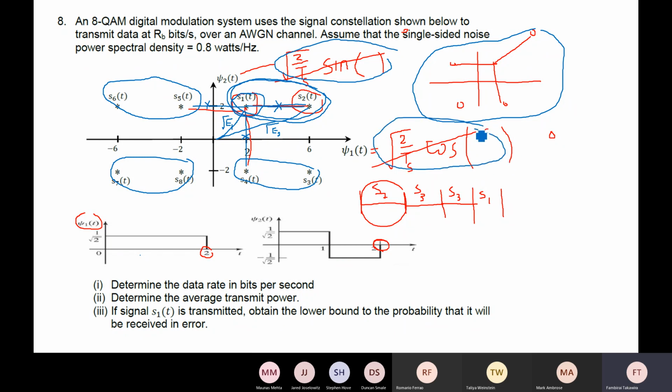But if the basis functions are specified, then you will have to say you use those basis functions. Typically, in communication systems, the basis functions would be sine and cos, but they might also be filtered, a filtered sine and a filtered cos.